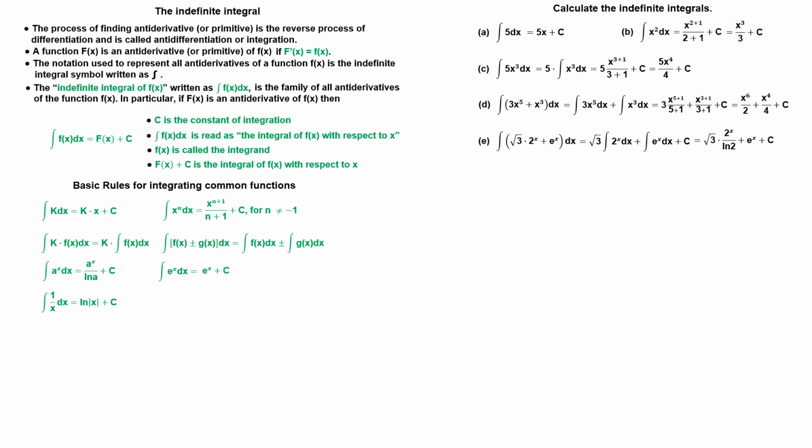The integration of the sine of x function with respect to x is equal to negative cosine of x plus the constant of integration, since the derivative of the cosine is minus sine. The integration of the cosine of x function with respect to x is equal to sine of x plus the constant of integration, since the derivative of the sine is cosine.